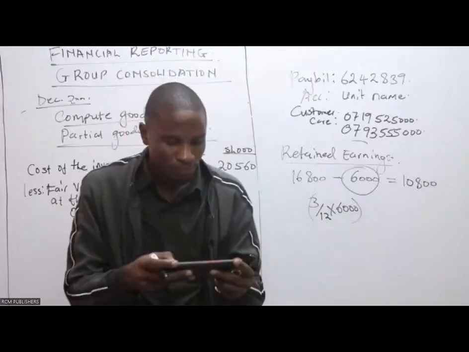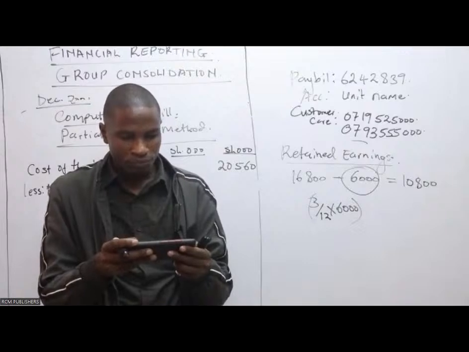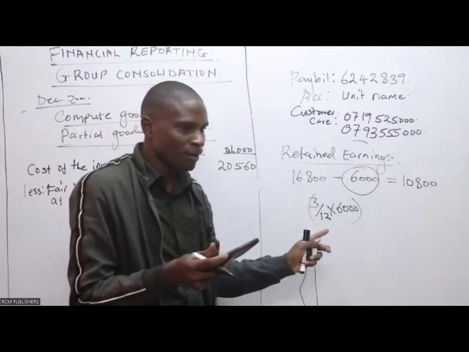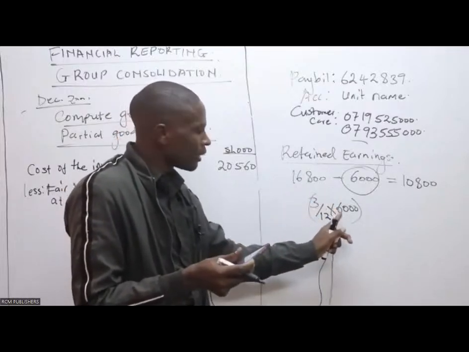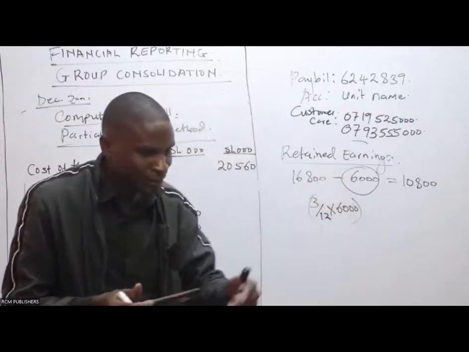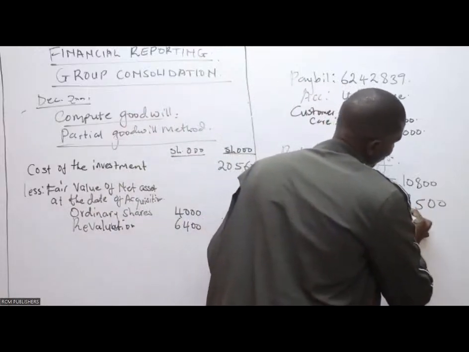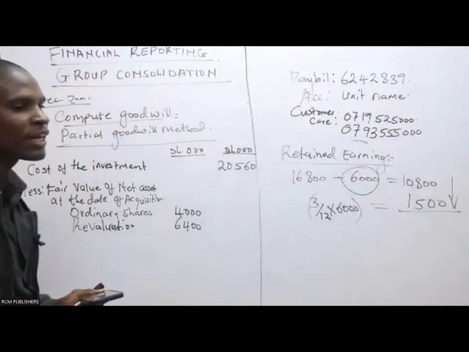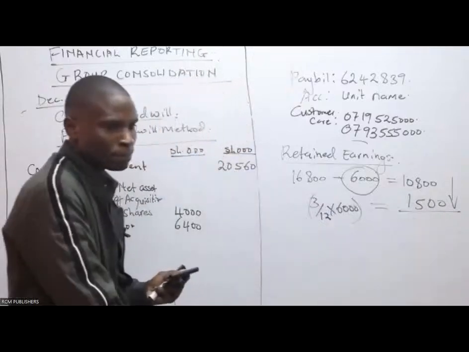How much are you getting? 3 over 12. Remember, before we acquire, and then at date 1 ndio tutaacquire sasa. So tutakuwa na 1,500. Ongeza hizo mbili sasa. Hii ndio tutakuwa nayo kama retained earnings, and then we take our share as a group.